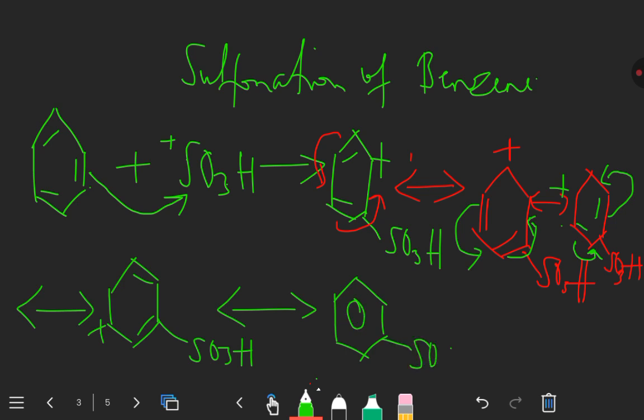Then we show that there is resonance going on. Okay, so from what we have here, we can now deprotonate one hydrogen so that we have our benzene sulfonic acid.